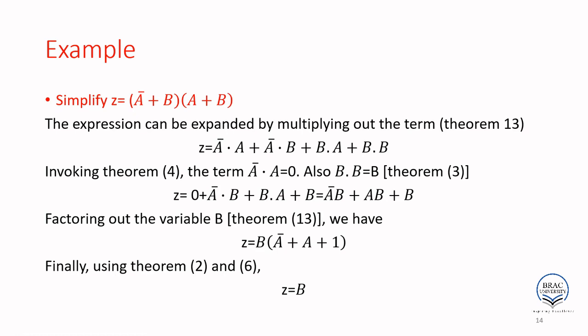So this becomes Z equals A prime B plus AB plus B. Then using theorem 13, if we take the common B, it becomes A prime plus A plus 1. So using theorems 2 and 6, it becomes B. You can check with the theorems if you are still confused.